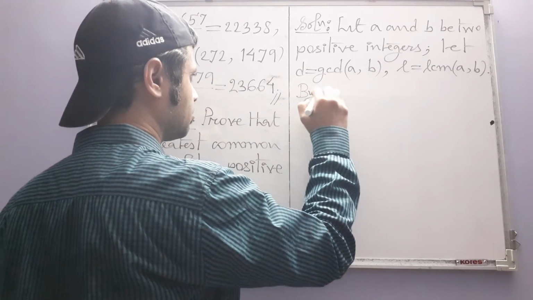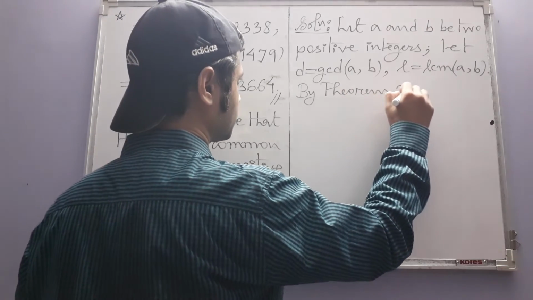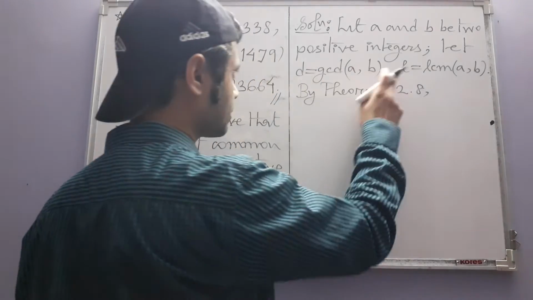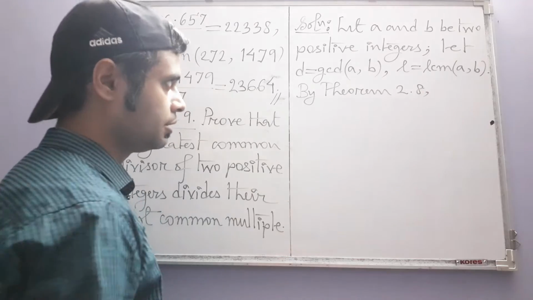Again, by theorem 2.8, the product of the GCD and LCM equals the product of the two integers.